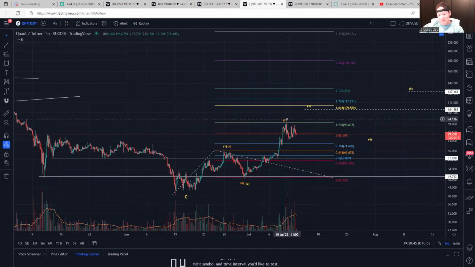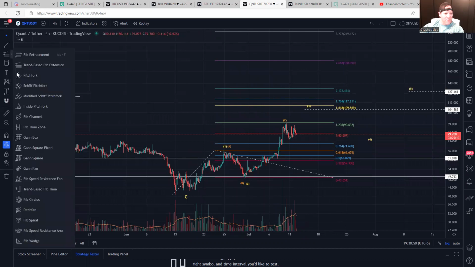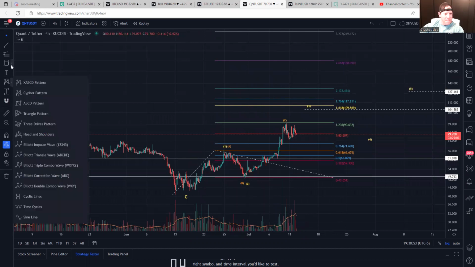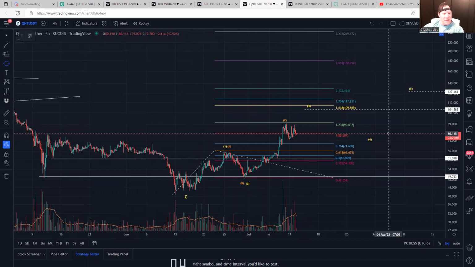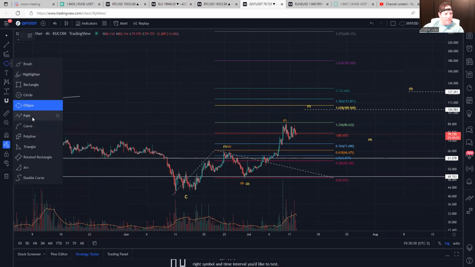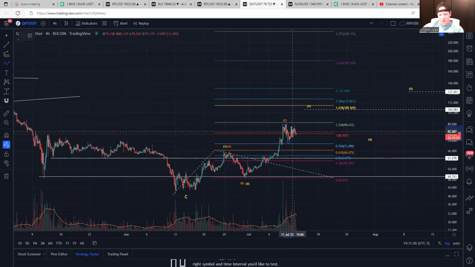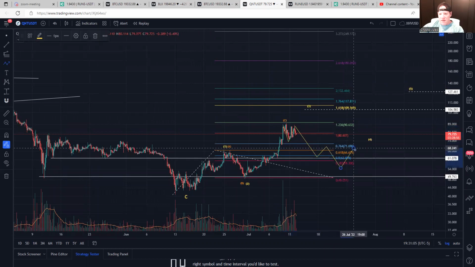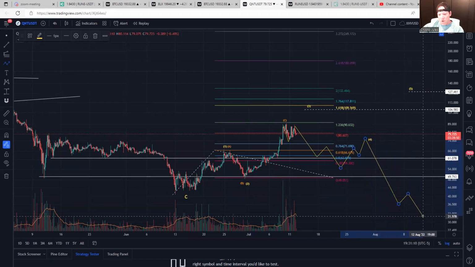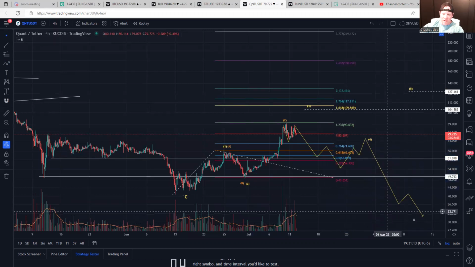This would be an ABC, and then if we get rejected here, this could be a 1, 2, 3, 4, 5, and then some sort of ABC up, and then a 3, 4, 5 to bottom. Obviously, I don't have my fibs on this thing, so we'll just figure it out real quick.